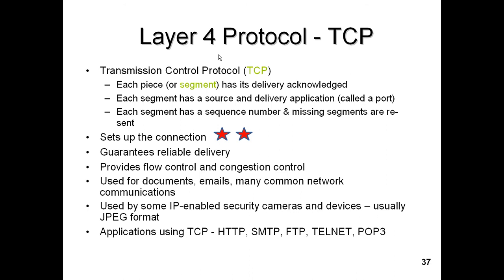So we have TCP communication, and the reason that this is important to us as physical security professionals is that some of our IP-enabled video cameras and encoders often use a compression format called JPEG. We're going to talk about compression formats in great detail later, but right now, what I want you to understand about JPEG, or Joint Picture Experts Group, is that normally devices that use JPEG transmit the video in TCP.